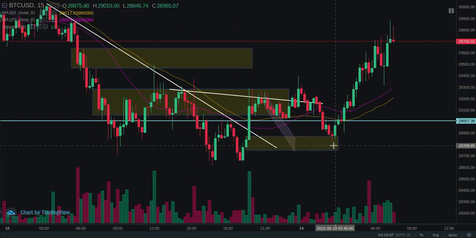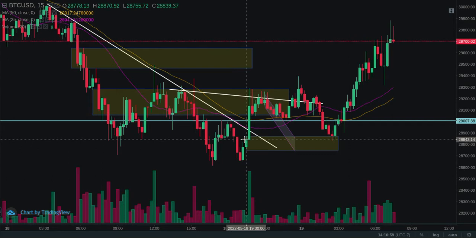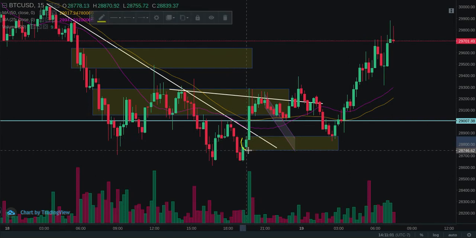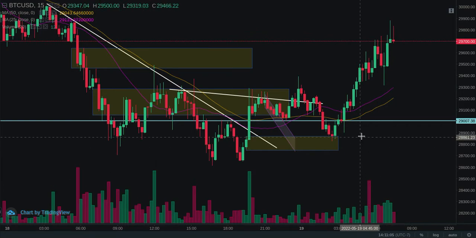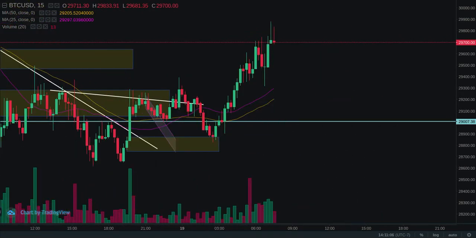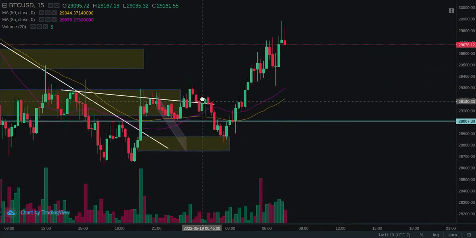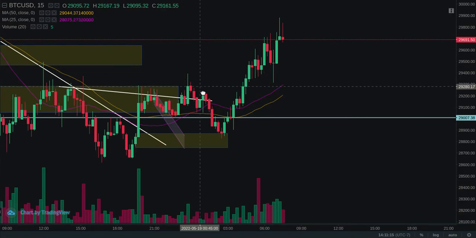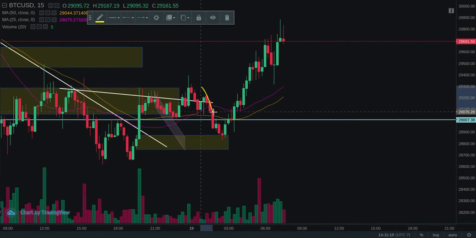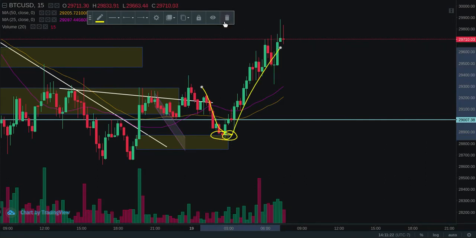I had this box here because of this candle right here. By me putting that box, price jumped right into this box to the T, which is actually a good thing, because if we were watching it at the time, this would have been a perfect time to get into a long and ride it up.